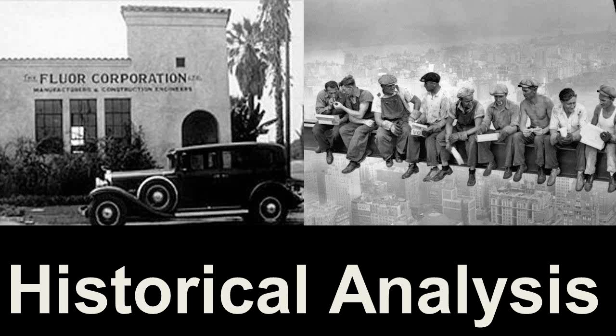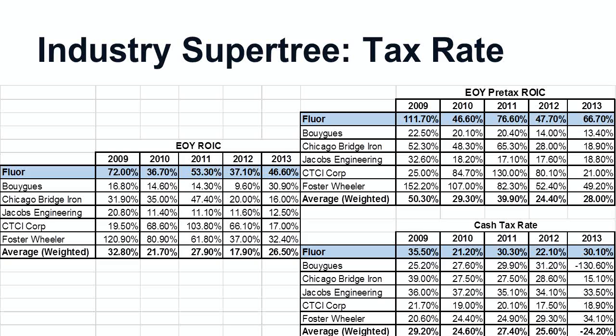All right, so next I'm going to talk about a 5-year historical analysis of Fluor and its peers' financials, starting with the ROIC Supertree. As you can see, Fluor's ROIC dropped from 72% in 2009 to 46.6% in 2013, while the industry dropped from 32.8% to 26.5% during the same time.